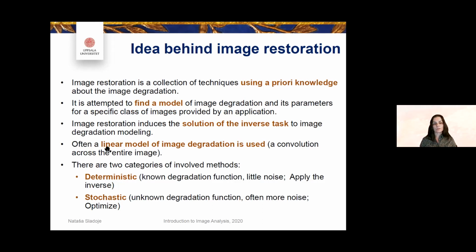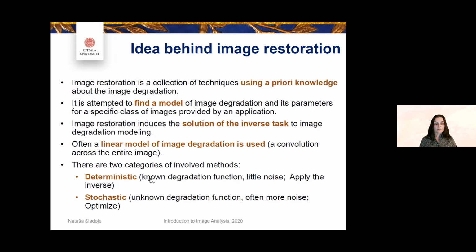So we are dealing with a linear degradation model, or we are assuming that the degradation that we are facing is linear, which will then eventually result in the fact that we can use convolution, which we know is closely related to this linearity, to model our degradation.